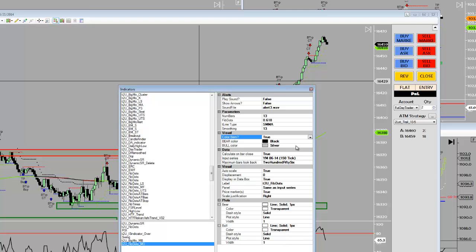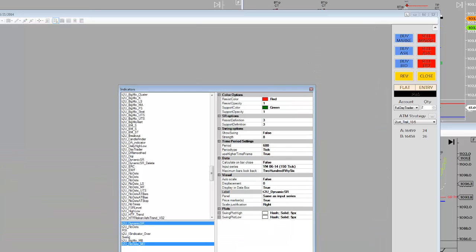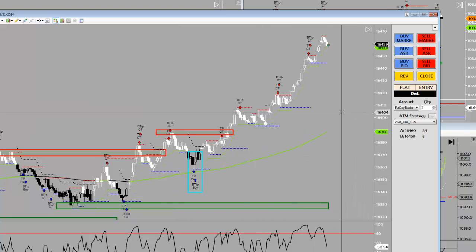And then color bars, and we'll go here. White on bullish. Now we've got our color rotation and the 2618 fib dots right there for trail stops.